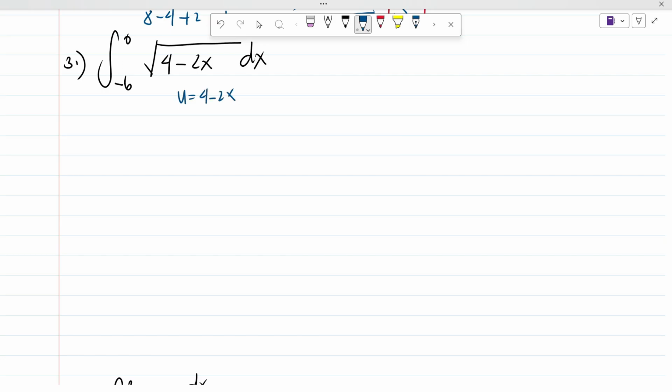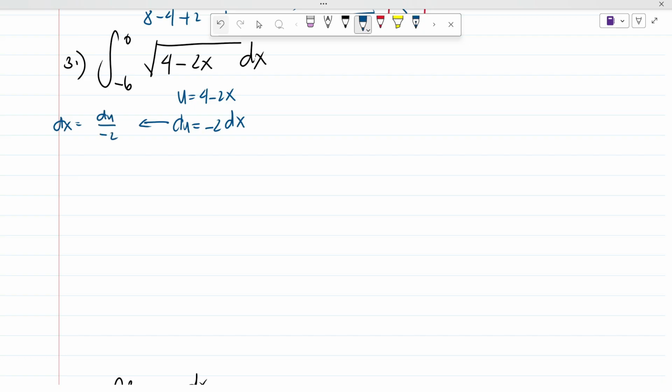Let u equal 4 minus 2x. The derivative of this is negative 2 dx. So divide both sides by negative 2: dx equals du all over negative 2, guys.